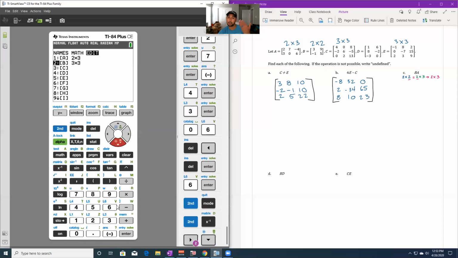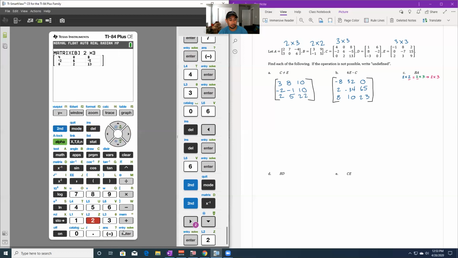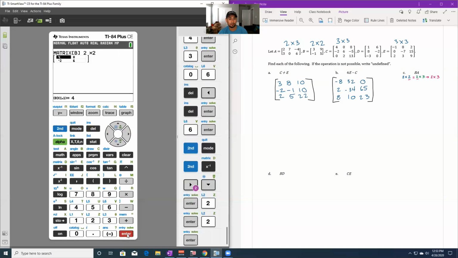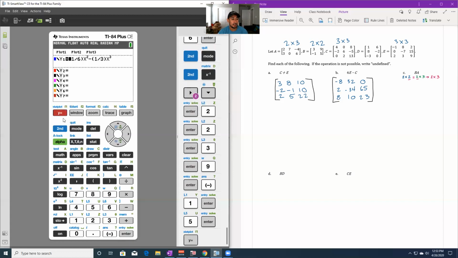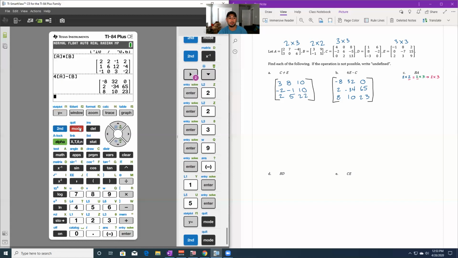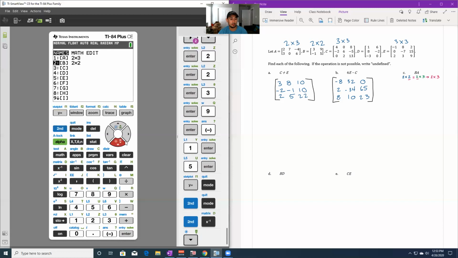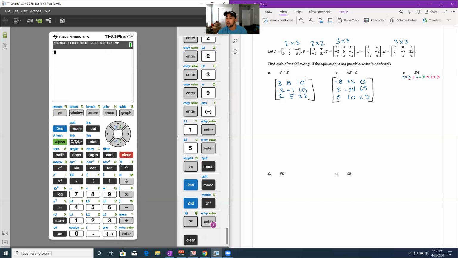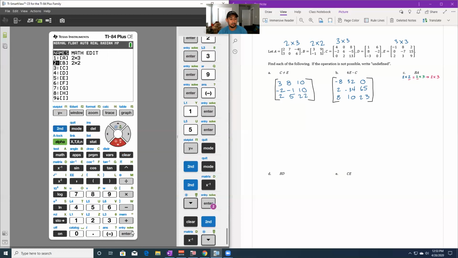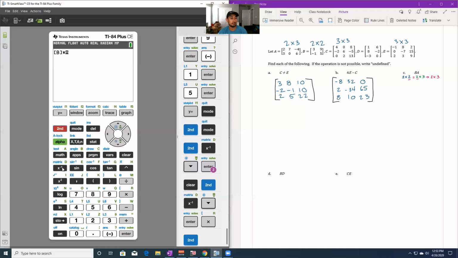Edit B, which is my actual B now, 2 by 2. 3, 9, -1, 5. Second, quit. Okay, let me make sure that matrix is right. And I can check. 3, 9, -1, 5. Okay, excellent. Okay, so we want to do B times A. So I'll say second matrix B times second matrix A.